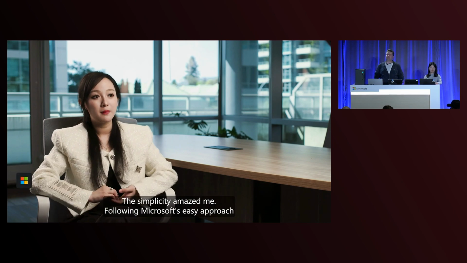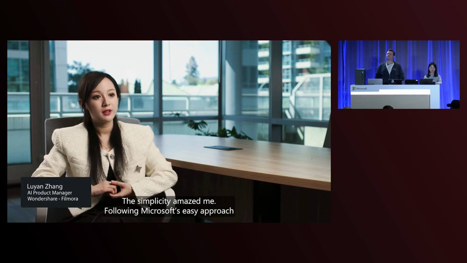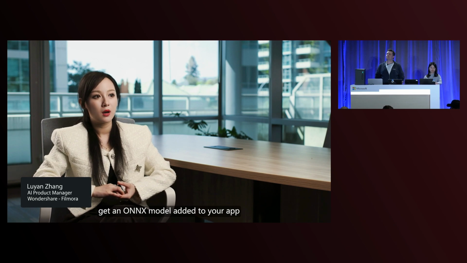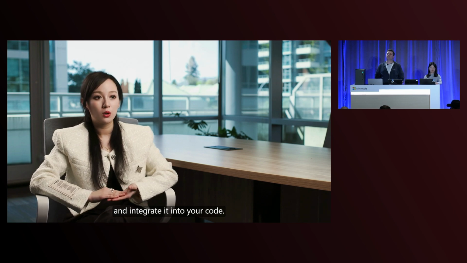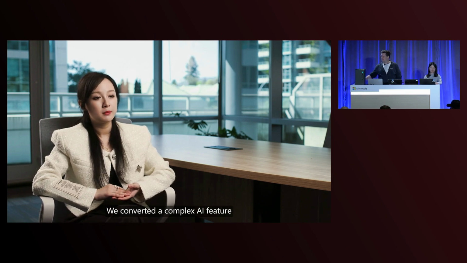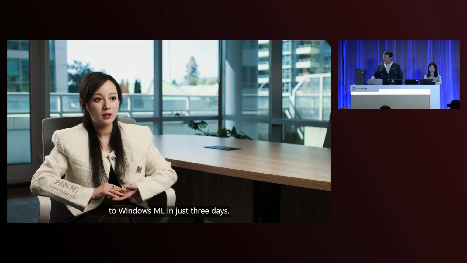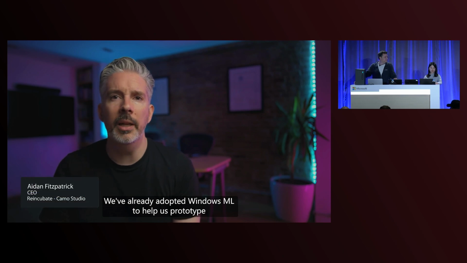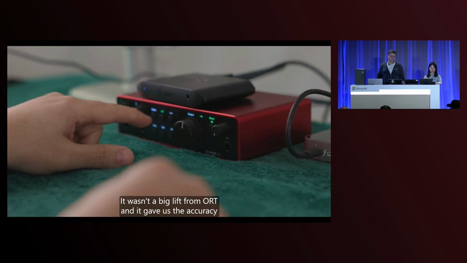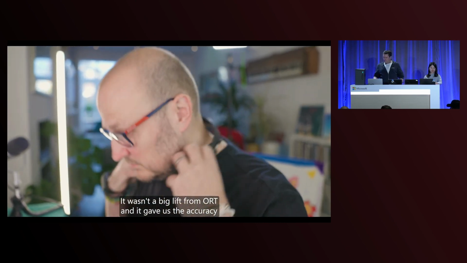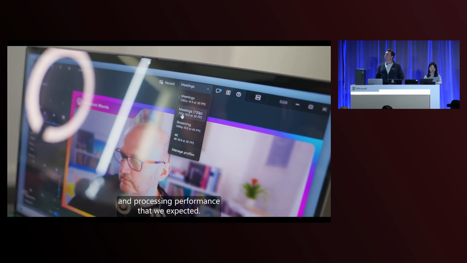The simplicity amazed me. Following Microsoft's easy approach, get an ONNX model, add it to your app, and integrate it into your code. We converted a complex AI feature to Windows ML in just 3 days. We've already adopted Windows ML to help us prototype it on a number of silicon platforms, and it's going well. It wasn't a big lift from ORT, and it gave us the accuracy and processing performance that we expected.